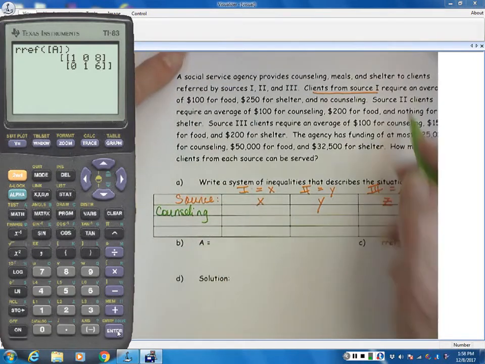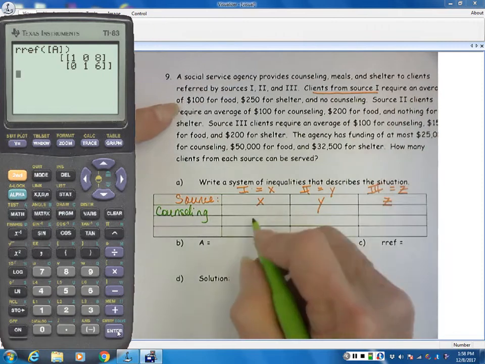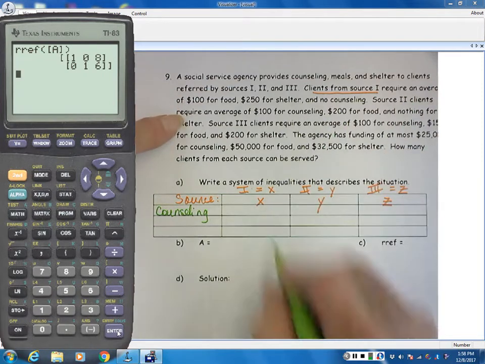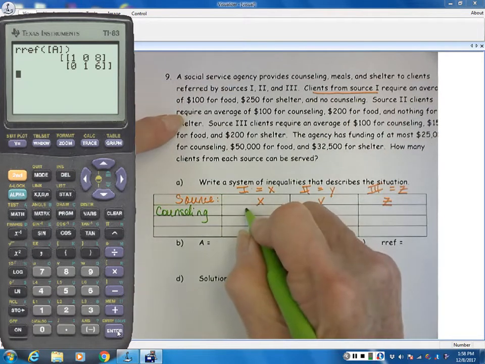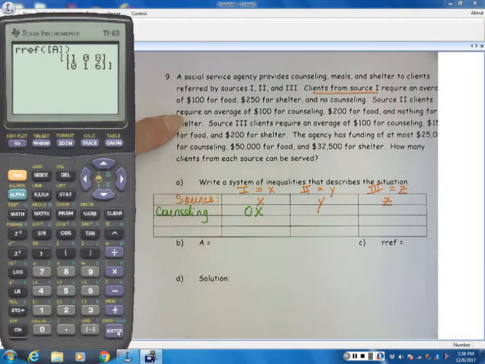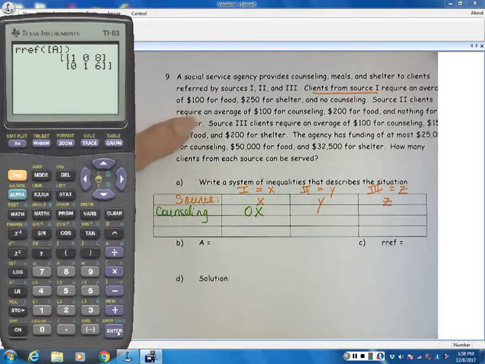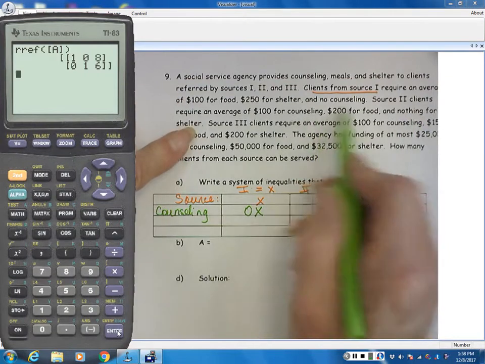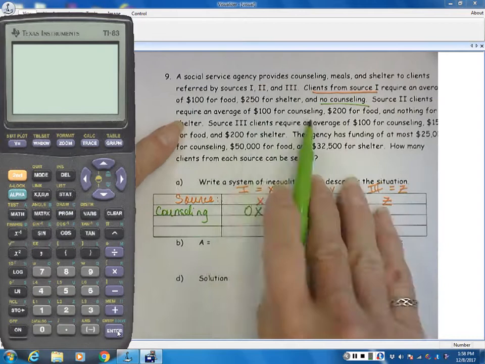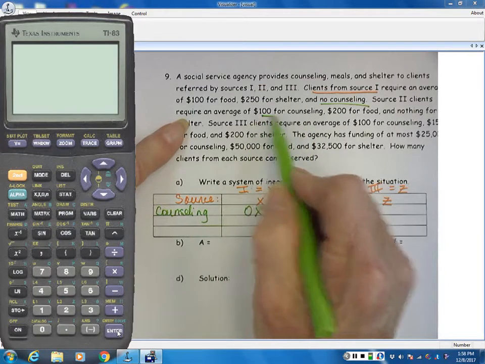So for counseling, source 1 takes $100, or no counseling, so 0 for counseling. Does it matter how I put the counseling, food, and shelter? No. It just matters the group 1, 2, and 3. Yes, you have to identify that they are the variables. And then source 2 clients need 100 for counseling.